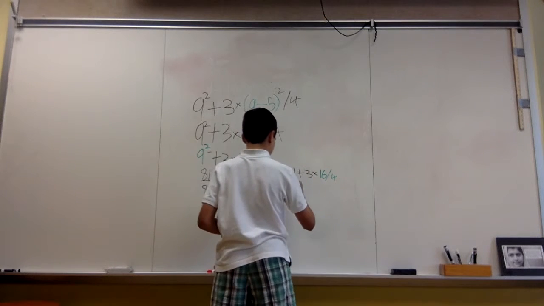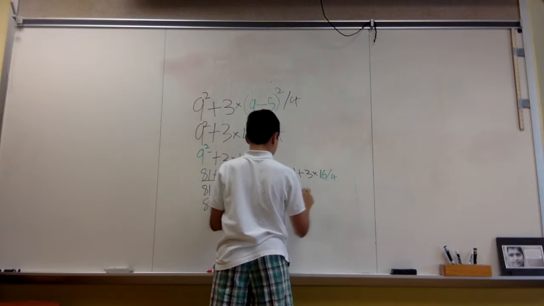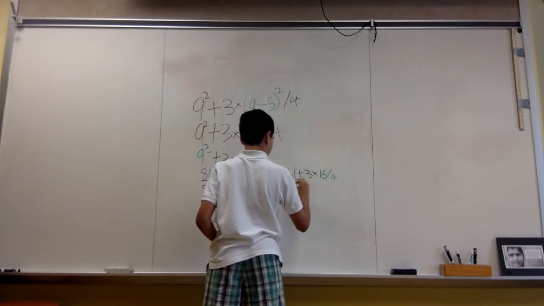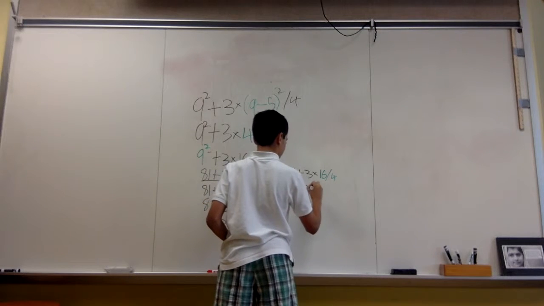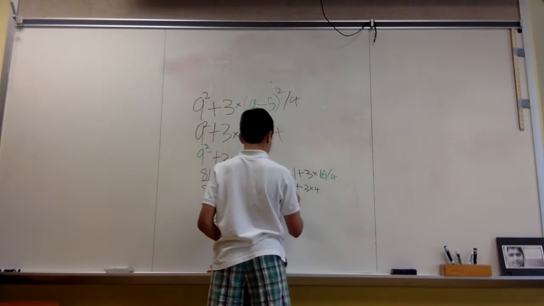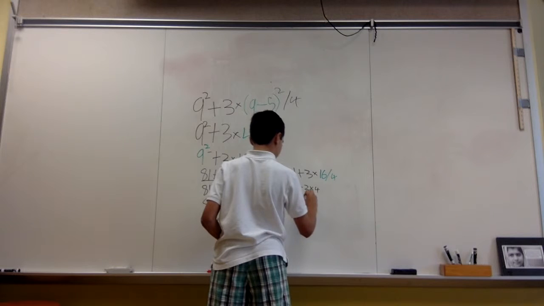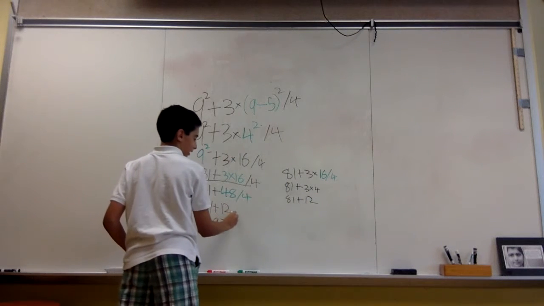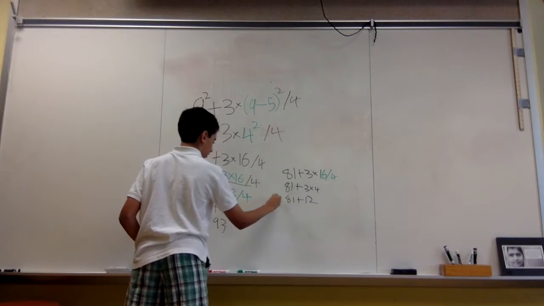And then again, get us to 80. It's not 81. 81 plus 3 times 4, which is 81 plus 12. Yeah, and then we're back to here in any case. So 81 plus 12 are both the same.